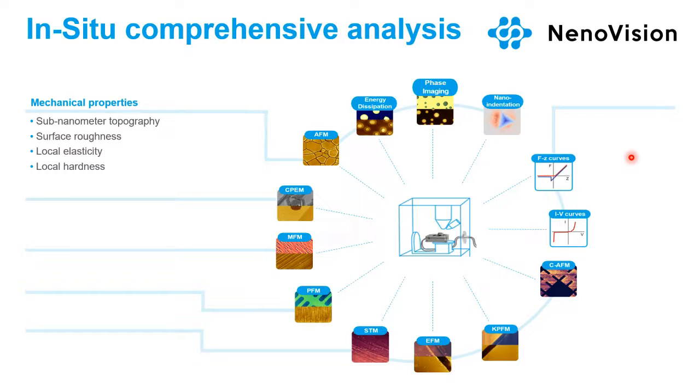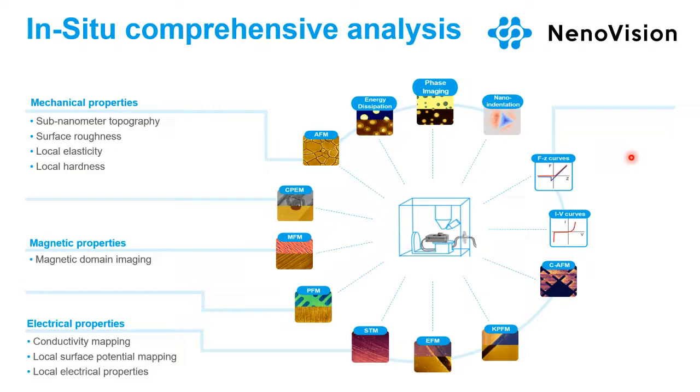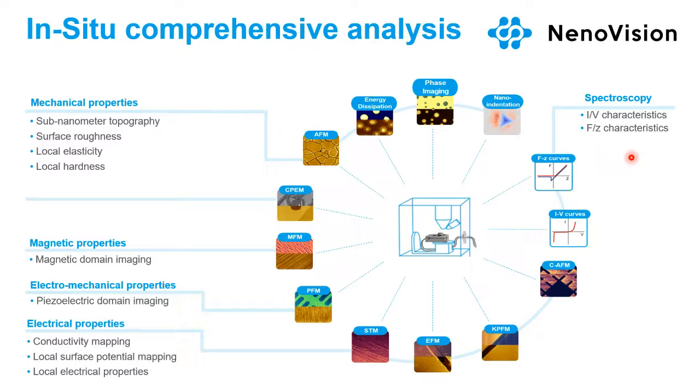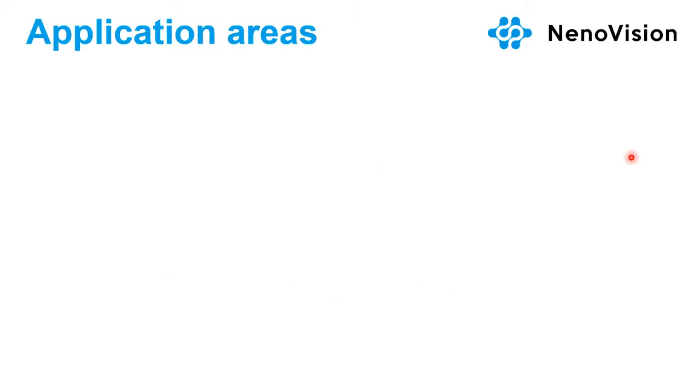We measure mechanical properties such as elasticity and hardness of the material, electrical properties, for instance conductivity mapping or surface potential measurement, magnetic domain imaging, something in between. We can measure piezoelectric domain imaging. And from the spectroscopy modes, we can do IV curves, force distance spectroscopy, or time spectroscopy, and we can correlate most of them together with SEM capabilities.